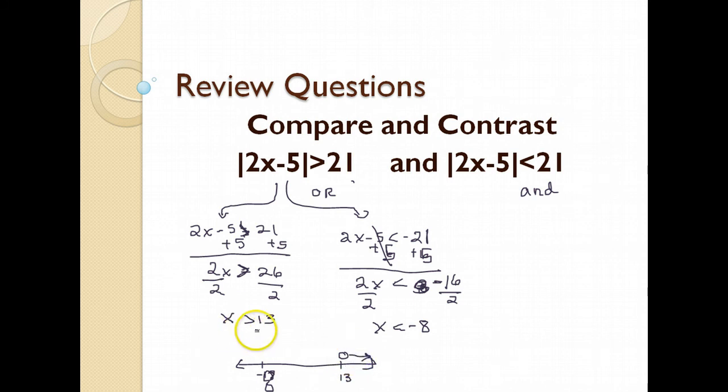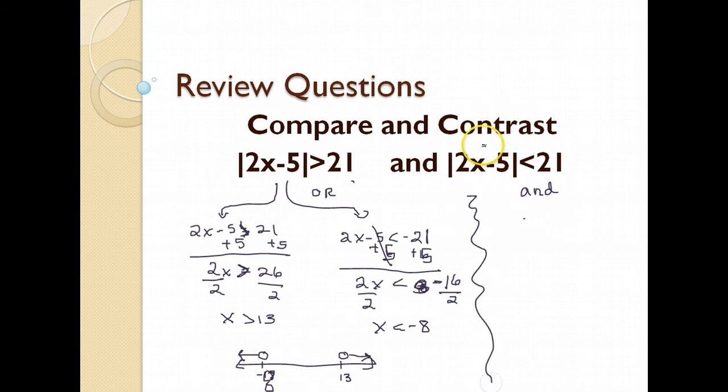I'm a little under the weather today. And less than negative 8, so there's a hole at negative 8, because it's strictly less than, arrow this way. This is why it's an OR statement, because it's either or. It's either going to be less than negative 8 or greater than 13.